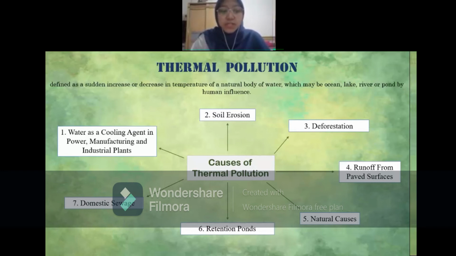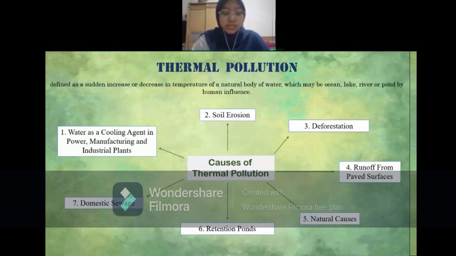The first one is water as a cooling agent in power, manufacturing, and industrial plants. Production and manufacturing plants are the biggest source of thermal pollution. These plants draw water from a nearby source to keep machines cool and then release it back to the source at a higher temperature.